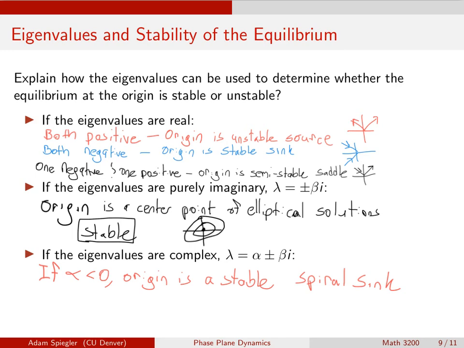And if the real part alpha of the eigenvalue is positive, then the origin is unstable. And in that case, when they're complex, it's going to be a spiral source.